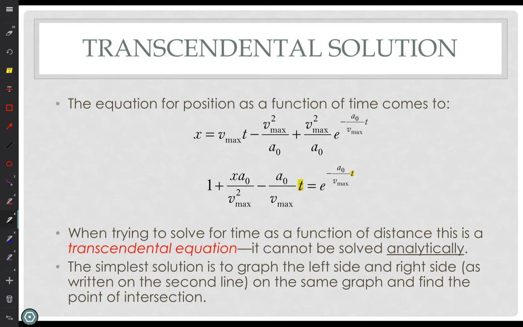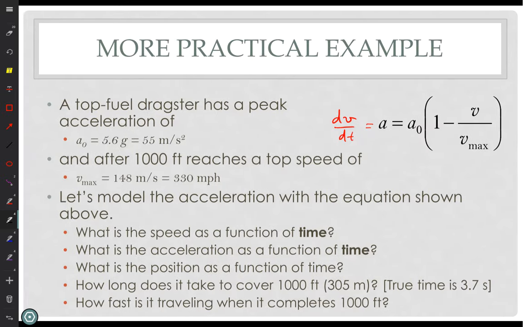That's a fine function. You can find the position at any time from it. But my problem actually asked me to find how long it would take to cover 1,000 feet or 305 meters in 3.7 seconds.